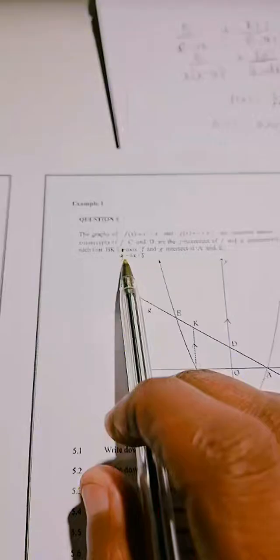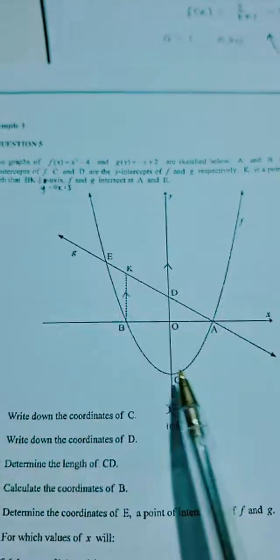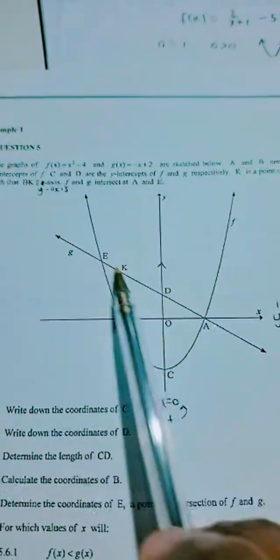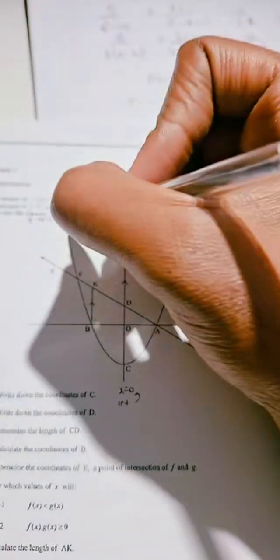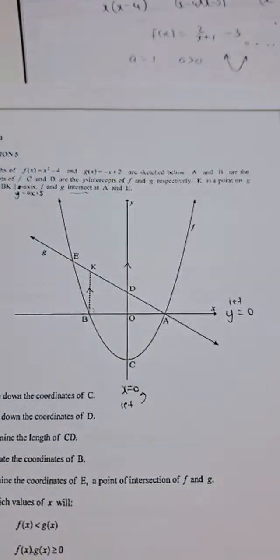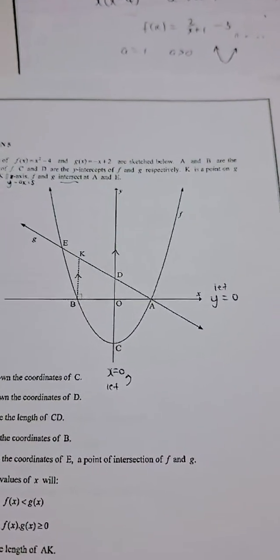So if you're saying BK is parallel to the y, not x, this is the y-axis. So it has to be parallel to the y-axis. F, which is the parabola, and g, which is the straight line, intersect. What does the word intersect mean? That's where they touch.